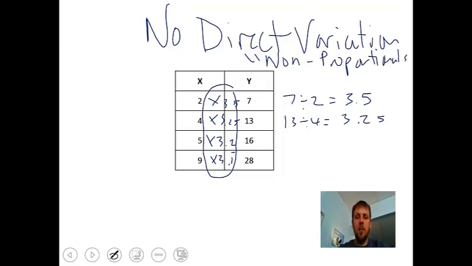I know this is not proportional because 7 divided by 2 does not equal 13 divided by 4. If I wanted to make a formula, I wouldn't be able to because the number always changes.